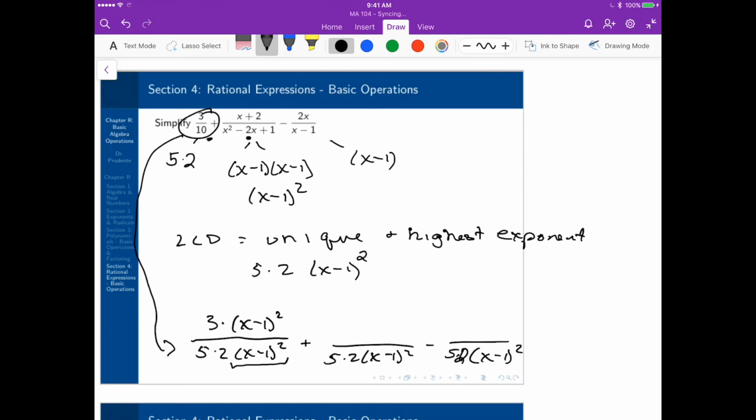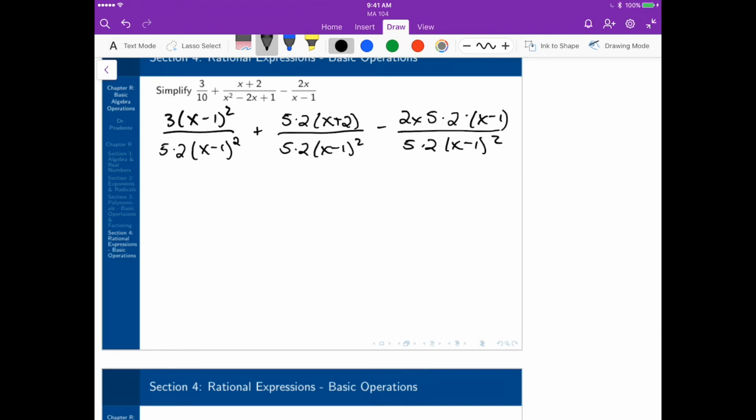I look at the second denominator and say that 5 times 2 is missing, so that's what I should multiply that x plus 2 by. Likewise, what's missing from the third denominator? I only have one x minus 1. I need a 5, a 2, and an x minus 1.